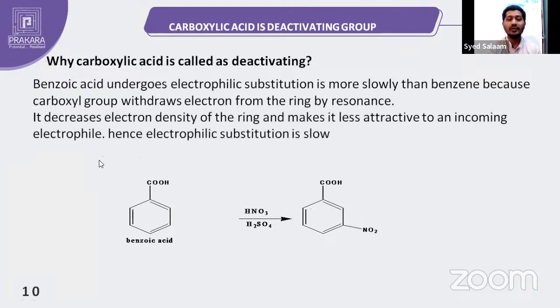It decreases electron density, making it less attractive for the incoming electrophile. Hence, electrophilic substitution is slow when a benzoic acid or carboxylic acid group is present, and it will direct the incoming nitro group or any other group towards the meta position.